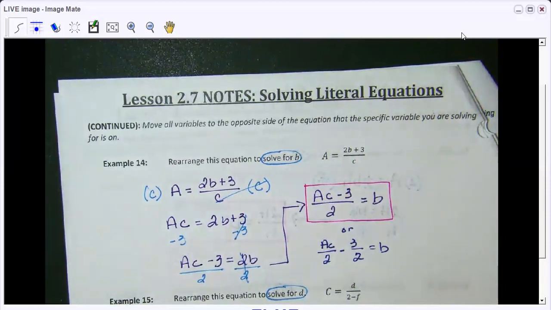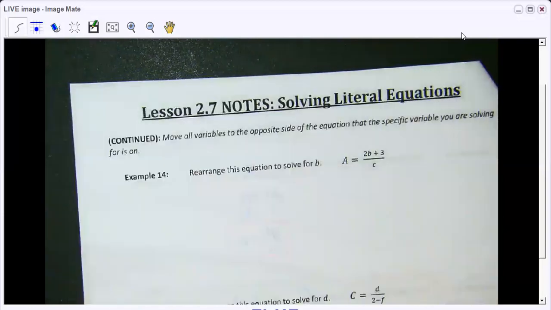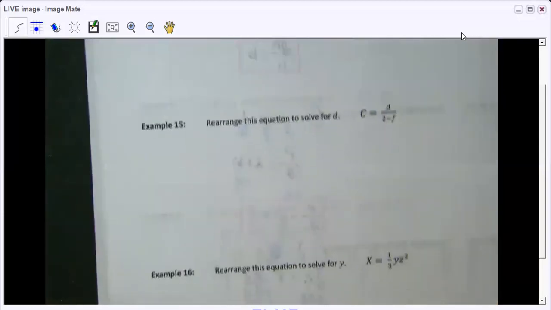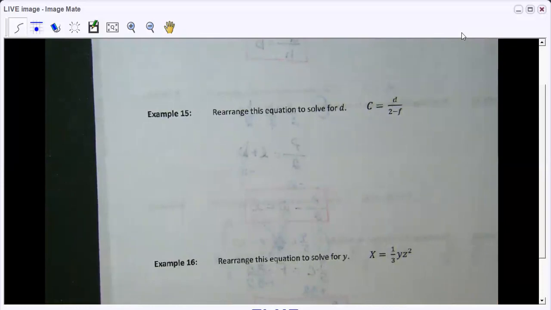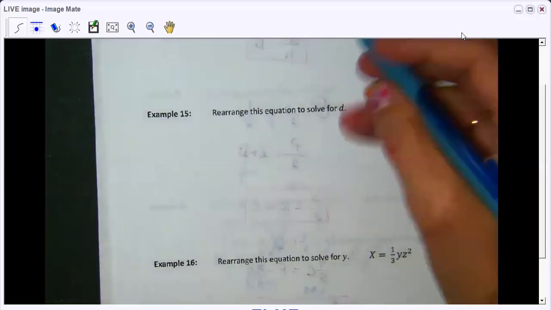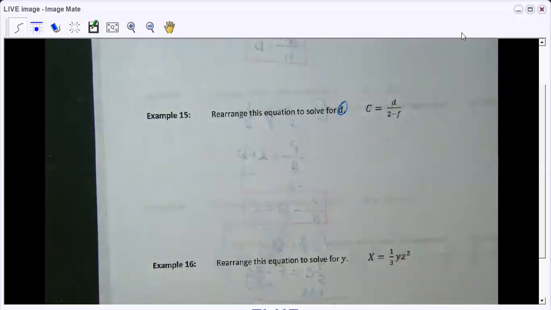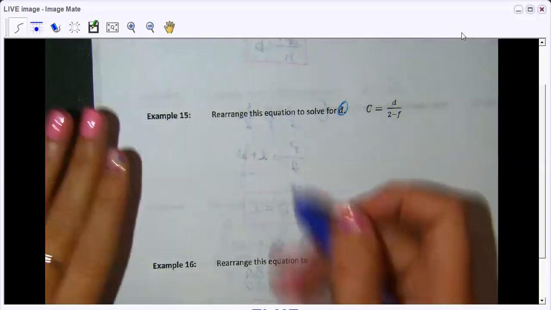Okay, now let's go down to 15. And on 15, we are trying to isolate D. When you have a fraction, what do you try to get rid of first? The denominator. So we have to multiply both sides by 2 minus F. So watch, the way that we do, I'm going to rewrite this over here.